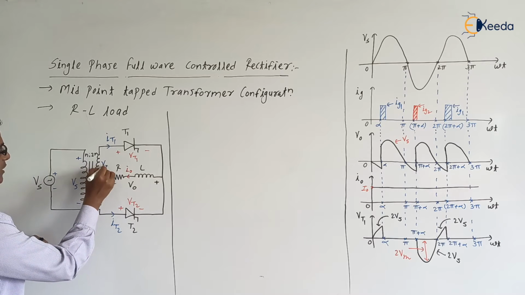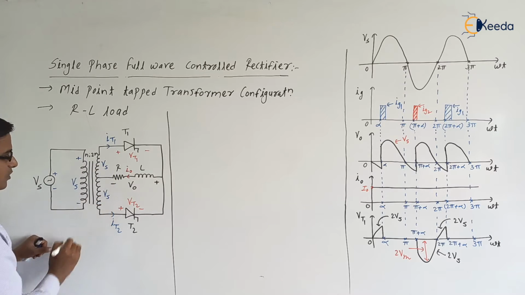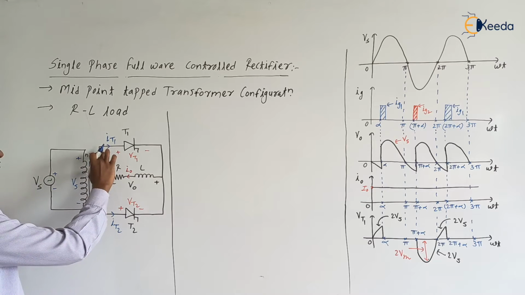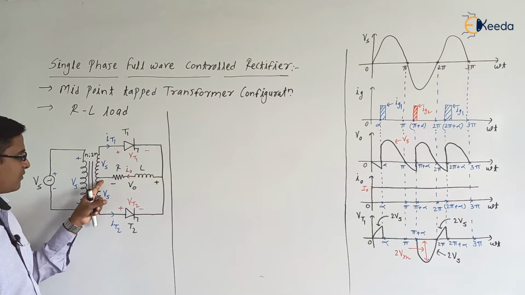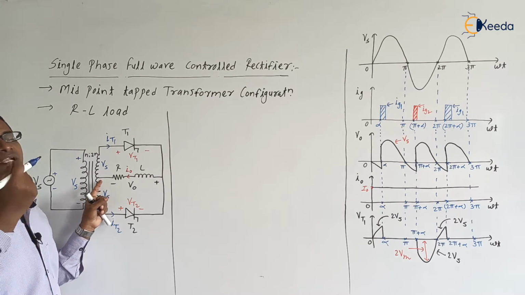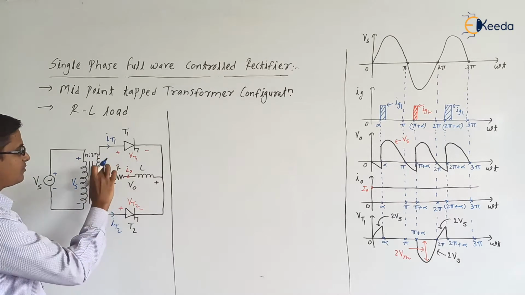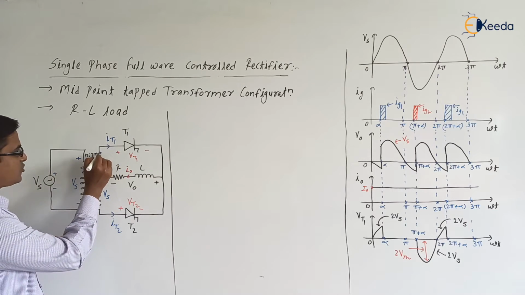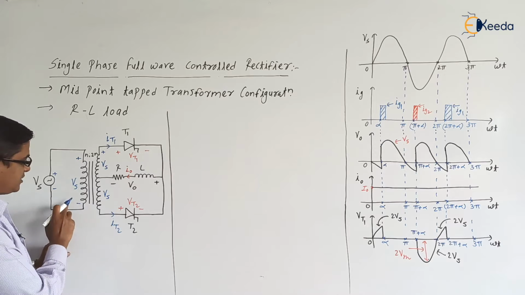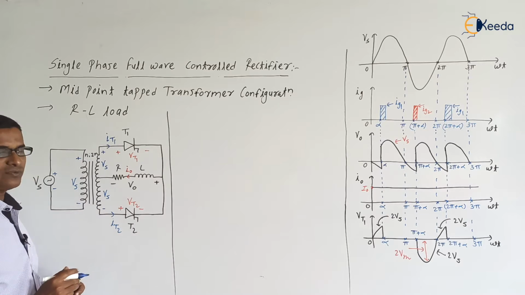Here it is Vs and here it is Vs, so the total voltage will be Vs plus Vs, which is 2Vs. As the secondary winding of the transformer has a center tapping, this 2Vs will be divided as Vs and Vs. As this is the highest potential point, the highest potential will appear here. This is the lowest potential point, so the lowest potential will appear here.